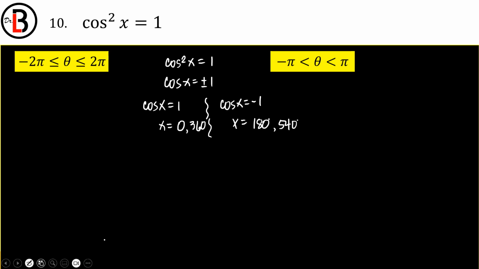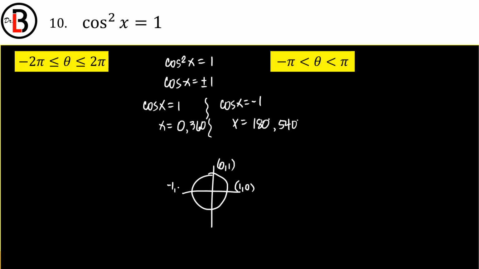Okay, because if you draw the unit circle, (1, 0), (0, 1), (negative 1, 0), and (0, negative 1), cosine will be the x value. So cosine x is equal to 1 on this side. It says here, within these revolutions.